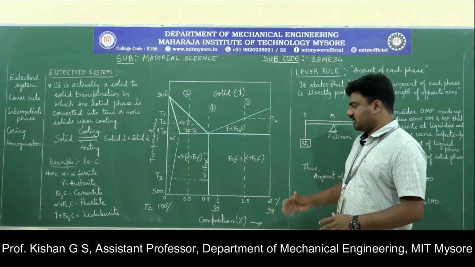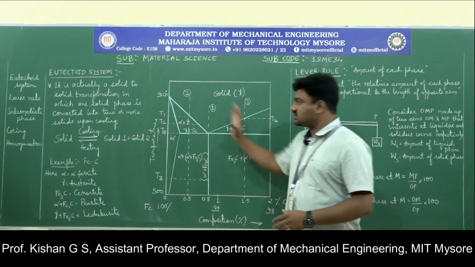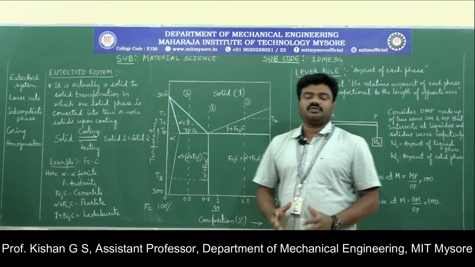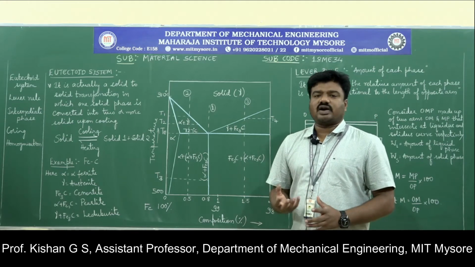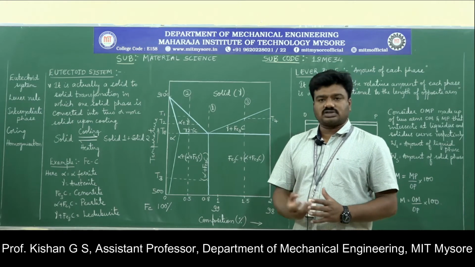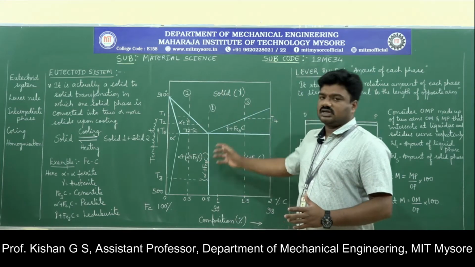The maximum percentage of carbon is 2%, and this diagram is a derivative of the iron carbon equilibrium diagram, which you are going to study in the next session.